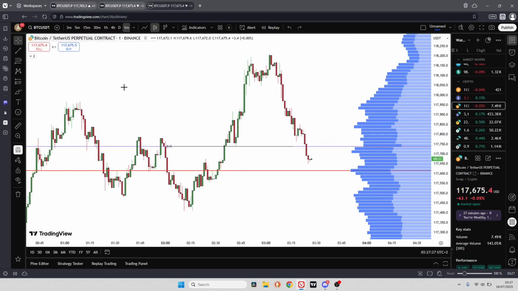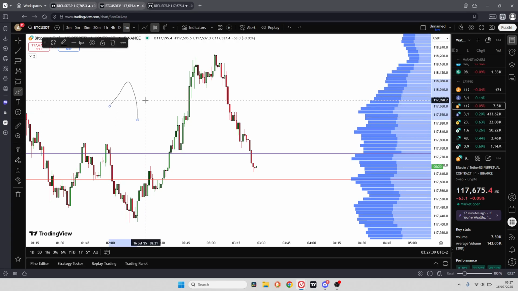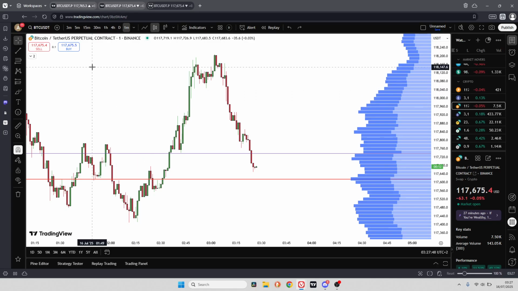So I keep saying this, but keep this setup in mind because it keeps playing out. So backtest this for yourself, of course, because then when you just start focusing on a certain pattern and you keep going over this similar pattern on different price times, on different levels, right?